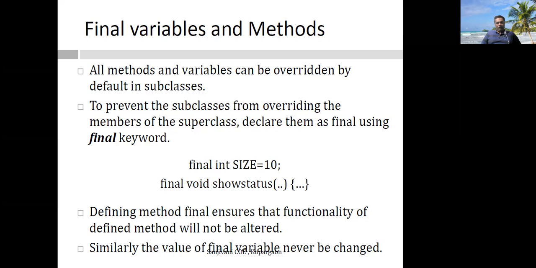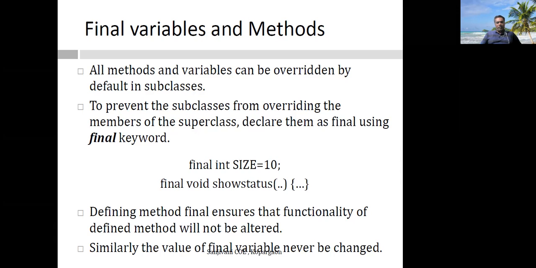By default, whatever variables are defined inside the superclass get overridden by default inside a subclass. To prevent variable overriding and method overriding in Java, we have to declare variables and methods as final through the final keyword.